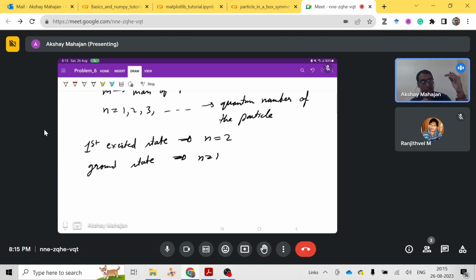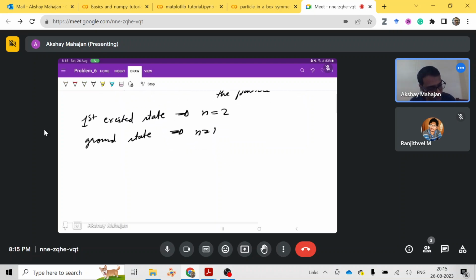So the ground state is given by n equals 1, and when we say first excited state, it means n equals 2.